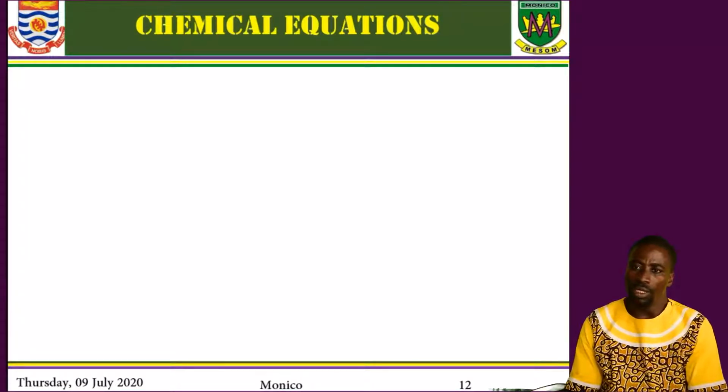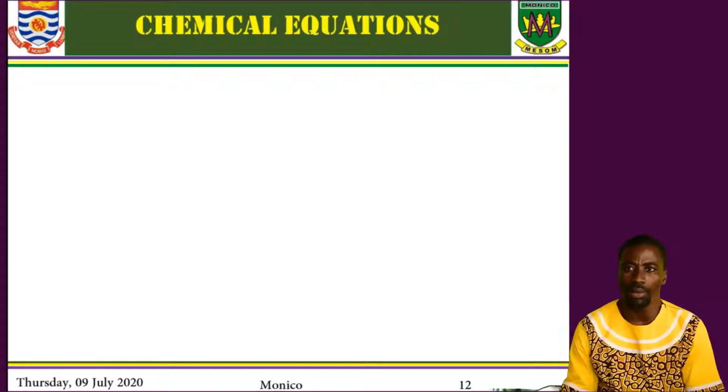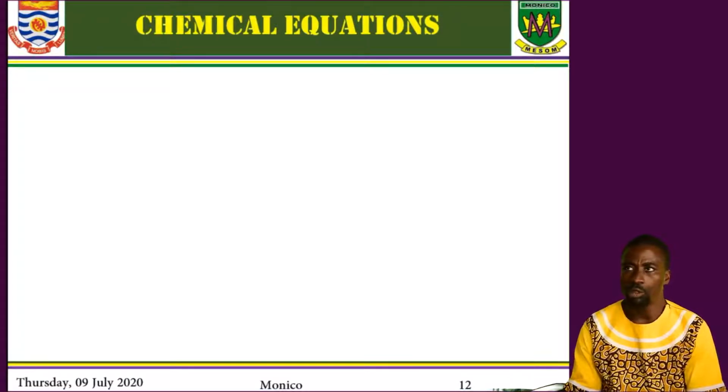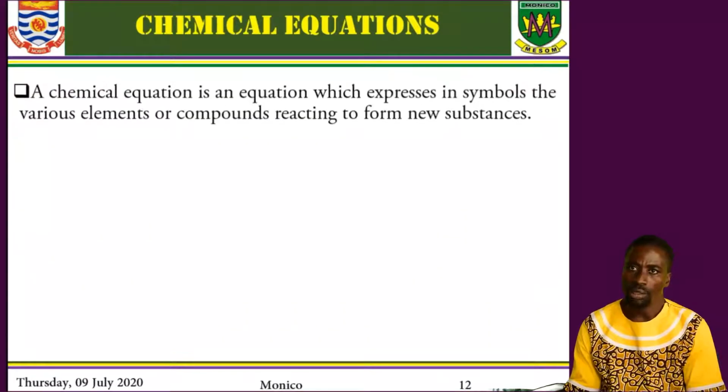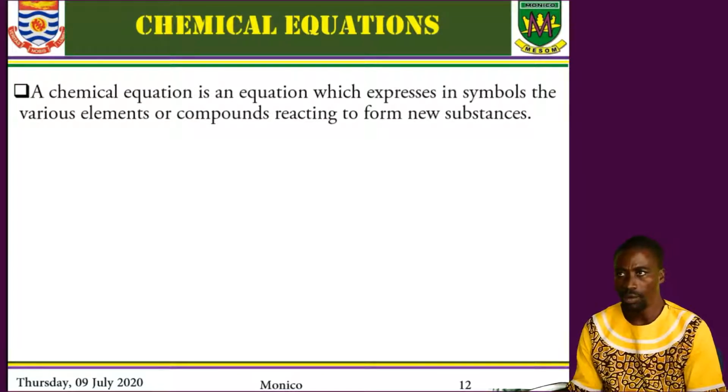Now, moving a bit away from chemical formula, we are now going into chemical equations. Of course, in every chemical equation, apart from the word equation that may be given to you, there is also the need to write the equation in symbol form. Right. So we are saying the chemical equation is an equation which expresses in symbols the various elements or compounds reacting to form new substances.